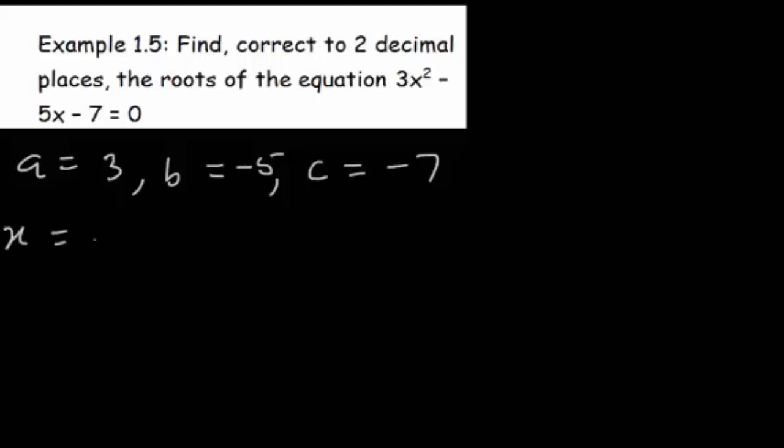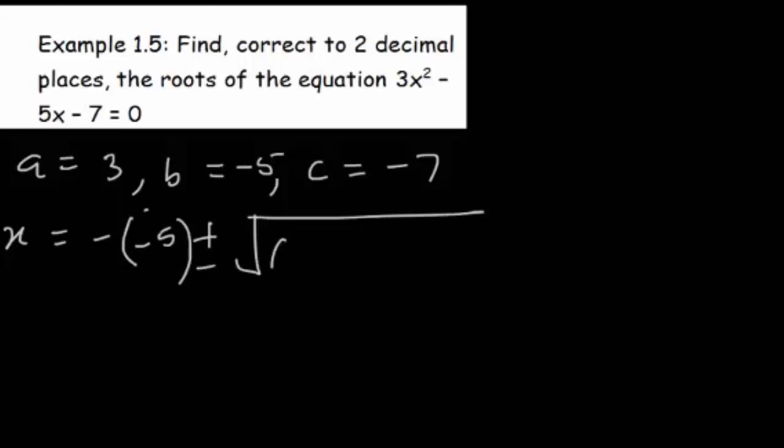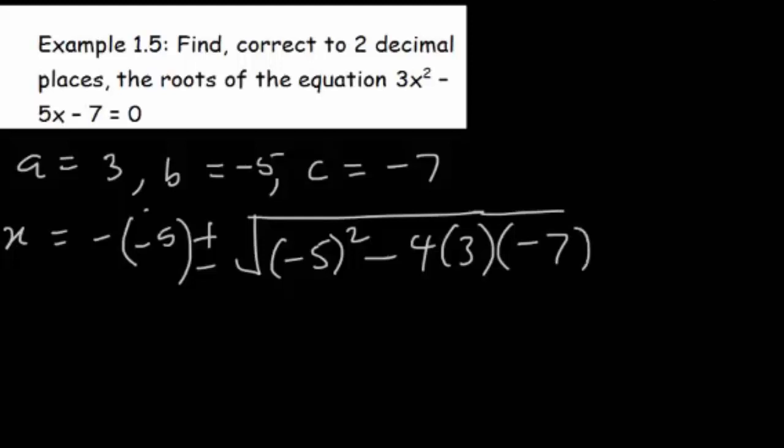Your x is equal to, your b is minus 5, so minus 5 inside the bracket, plus or minus the square root of b squared, that's minus 5 squared, and then minus 4 times a, a is 3, and then c is negative 7. So the square root covers the whole of this number, all over 2a, that's 2 times 3.